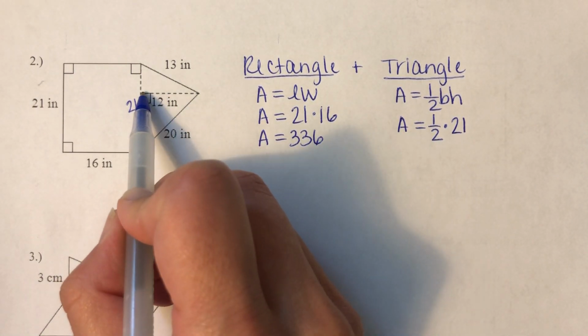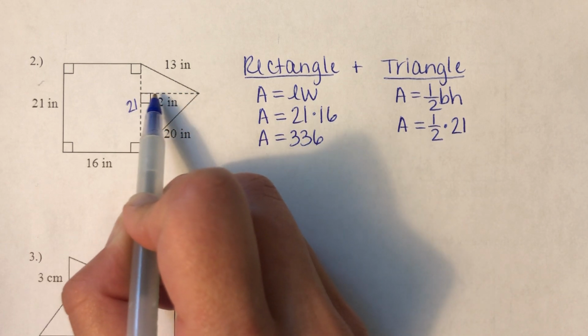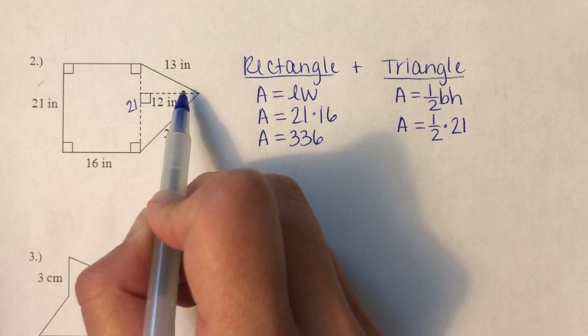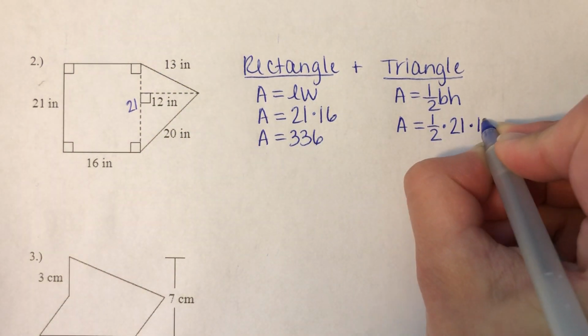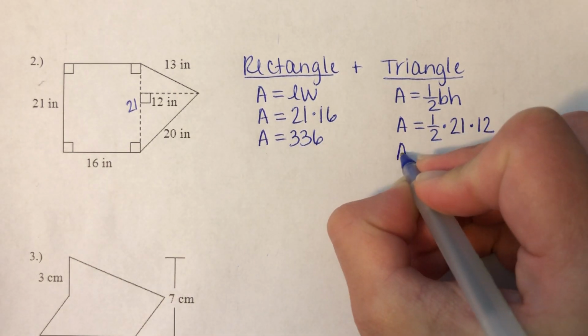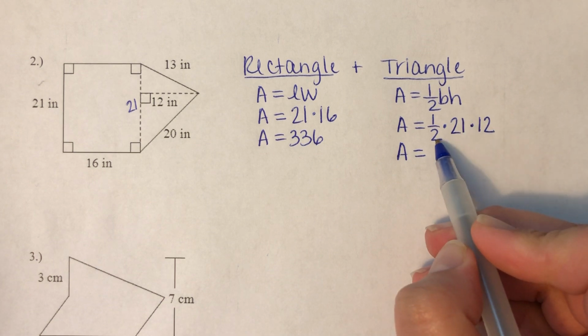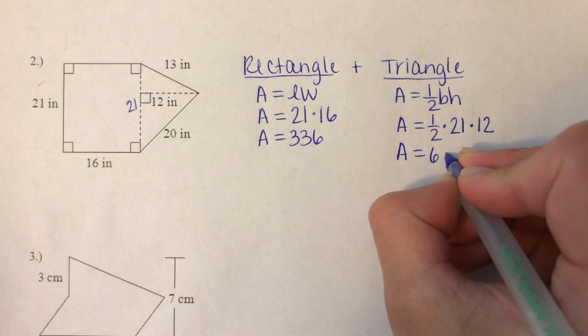And then the height of my triangle, how tall it is, 12. Remember, it's always got to be a straight dimension. It can't be something slanted like the 13 or the 20. We actually don't even need those two dimensions. They're just extra. So for the triangle, I don't want to do half of 21, but I like half of 12, which is 6.